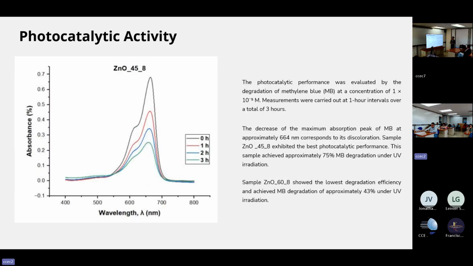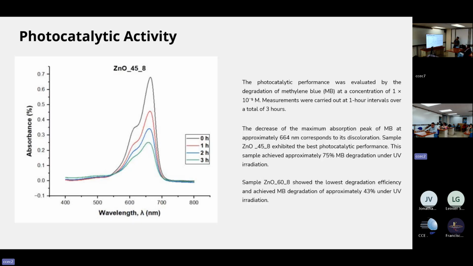The photocatalytic efficiency was evaluated by the degradation of methylene blue dye at a concentration of 1 by 10 to the minus 5 mole in aqueous solution under 232 nanometers.